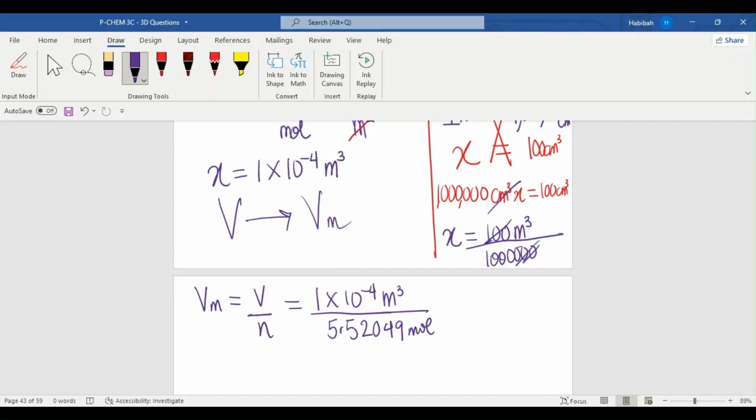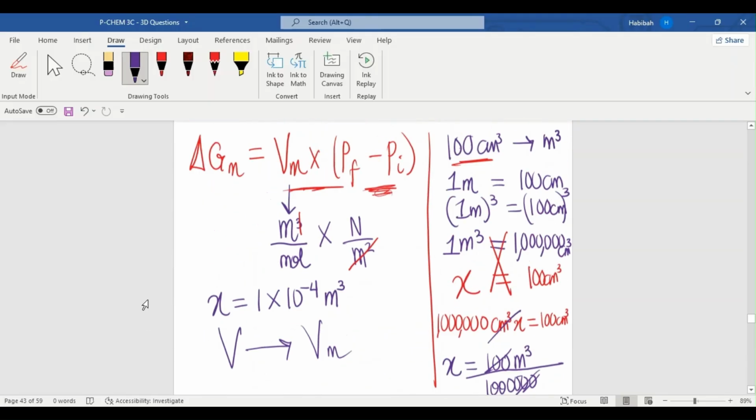You can already see that this question is quite complex, so don't worry. At the end of the day, it's going to make sense. A short review: 1 times 10 raised to the power negative 4 meters cubed divided by 5.52049 mole gives you 1.8114 times 10 raised to the power of negative 5 meter cube per mole.